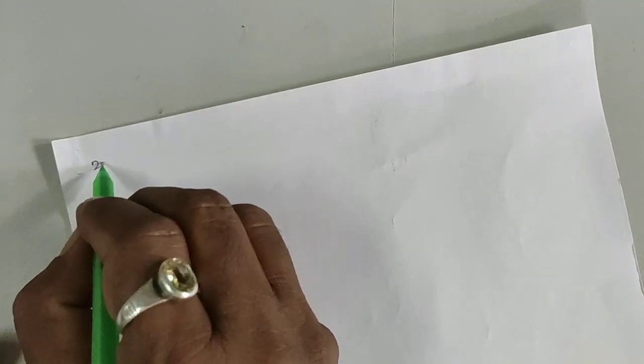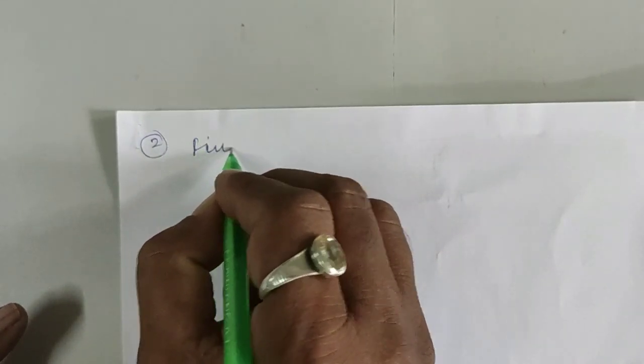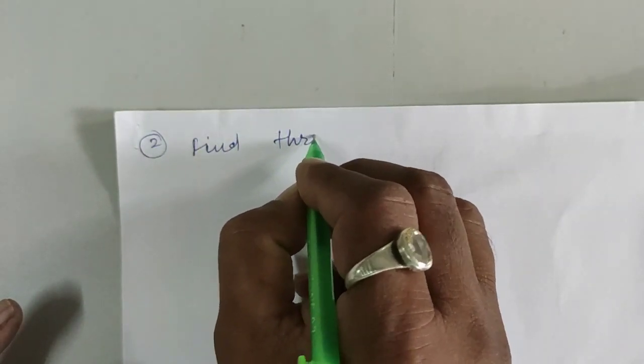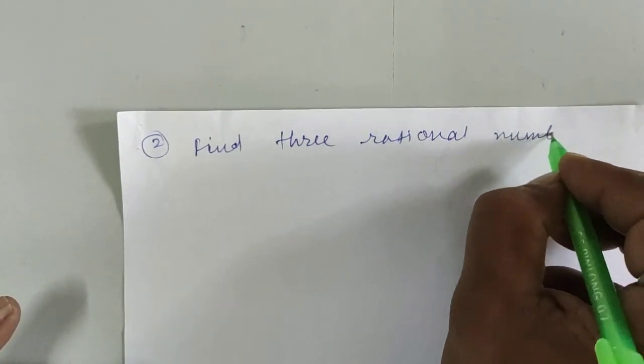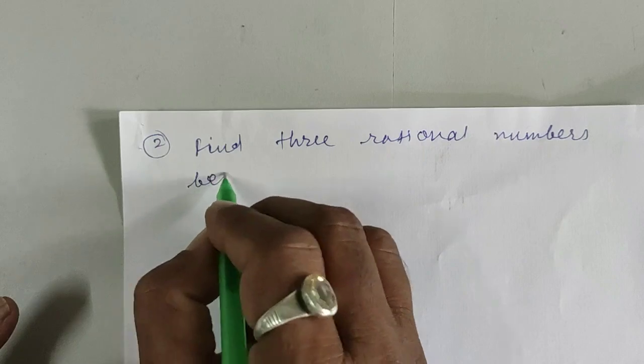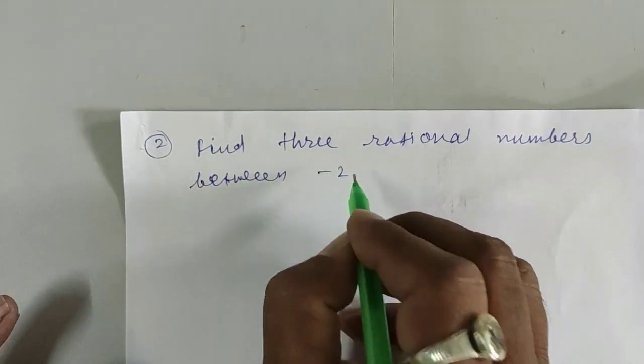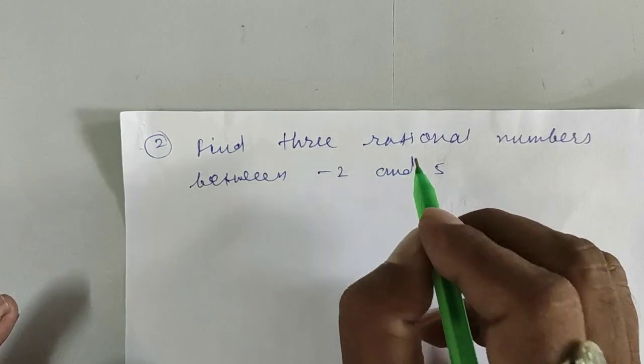One more example. Second example. Find 3 rational numbers between -2 and 5.